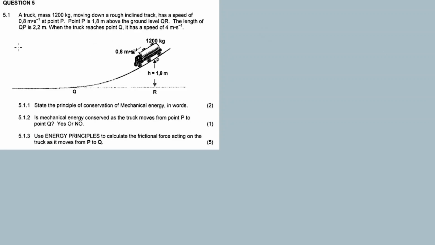So, let's start with 5.1. A truck of mass 1,000 kilogram moving down a rough incline track has a speed of 0.8 meters per second at point P. Point P is 1.8 meters above the ground level QR.